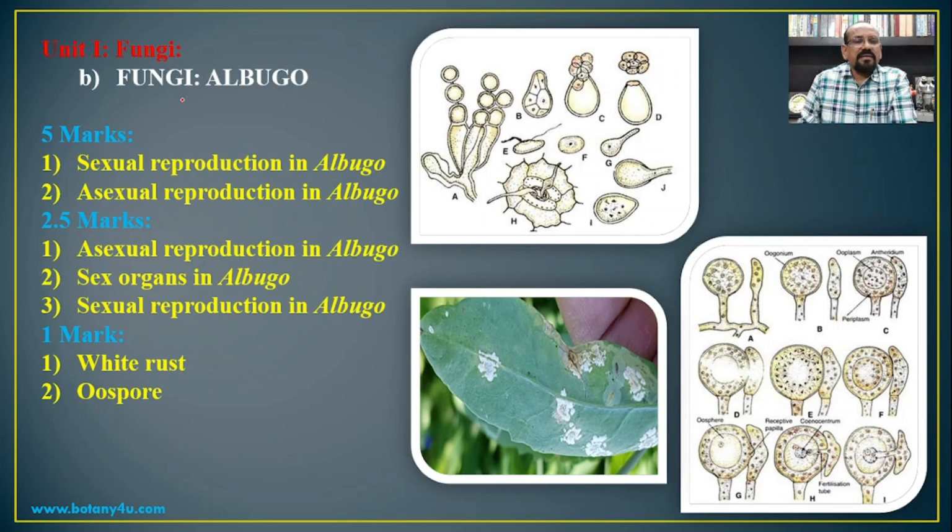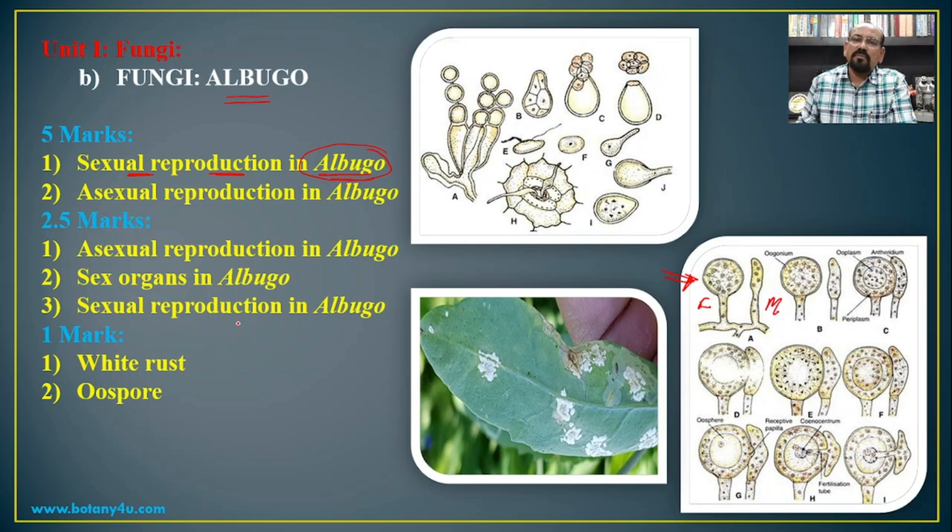From the second unit, another one is Albugo, which is one of the genera responsible for causing white rust disease. A question for 5 marks is the sexual reproduction in Albugo. If such a question is there, we have to provide the structure of the female reproductive organ as well as the structure of the male reproductive organ.